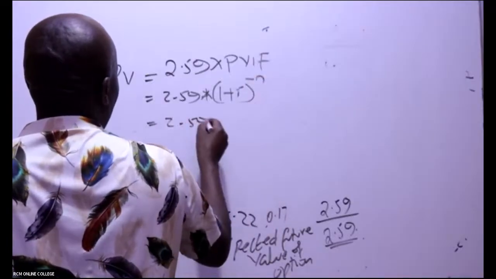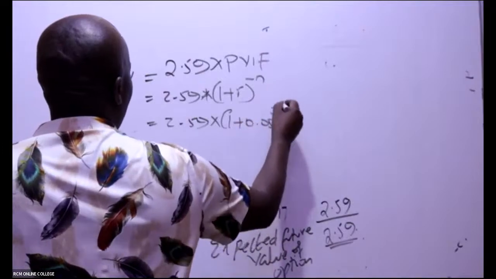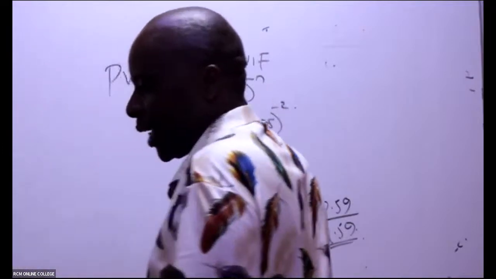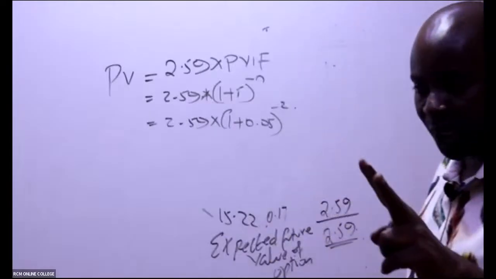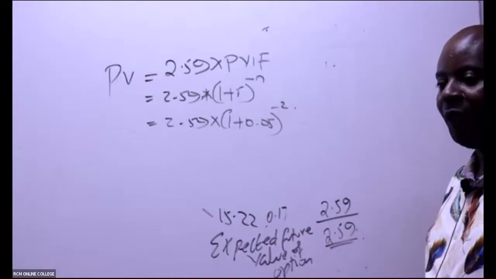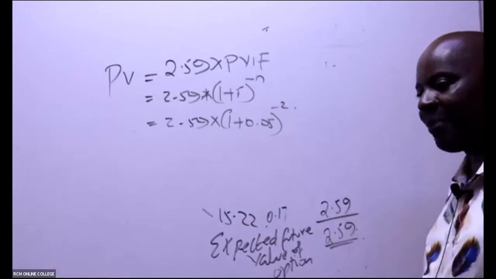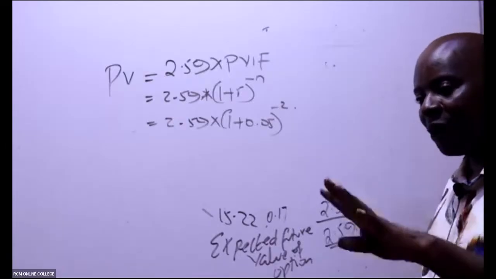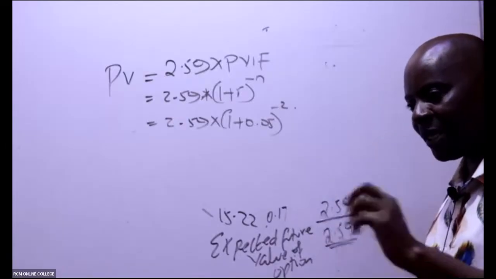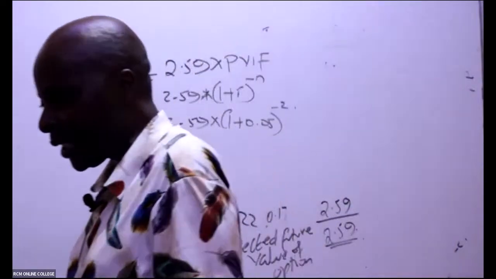This is 2.59 times 1 plus 0.05 raised to negative 2, because it is a 2-period tree. He has never brought a 3-period one. If he brought a 3-period binary tree, I'm so sure people would cry. But at least my students now have some way of doing this.